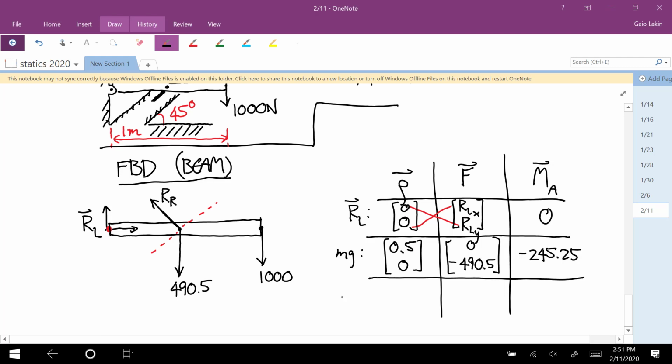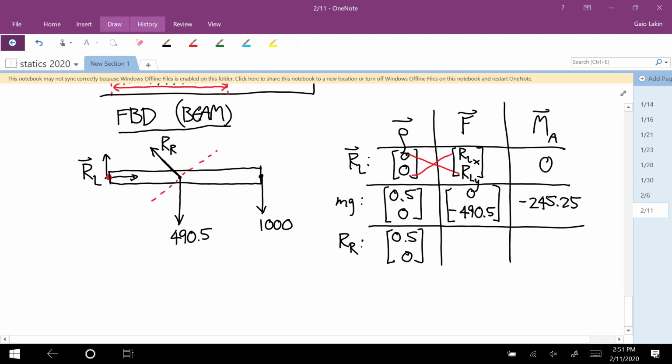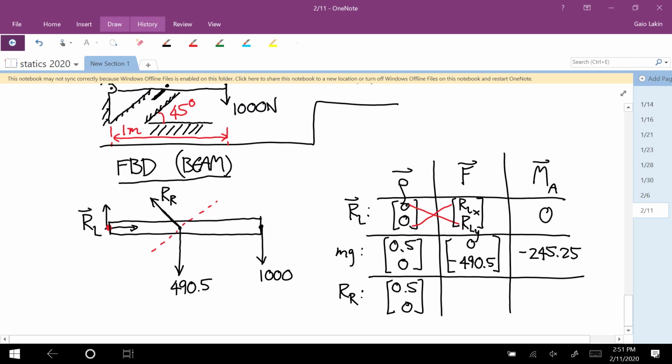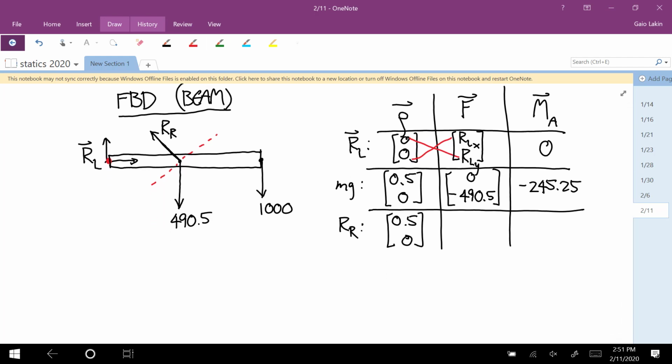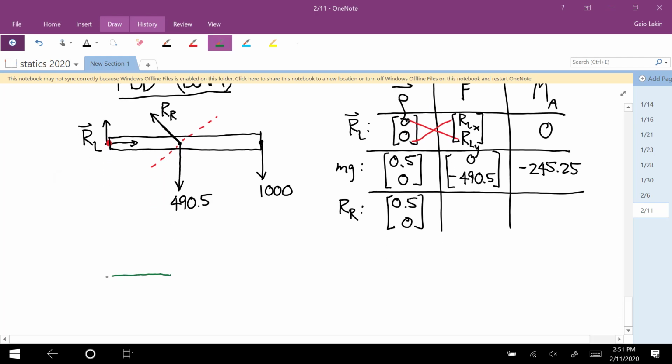And then we have RR. That's happening at the same spot as the weight, so that row vector is also 0.50. To figure out that vector, I'm going to draw out the coordinate system.